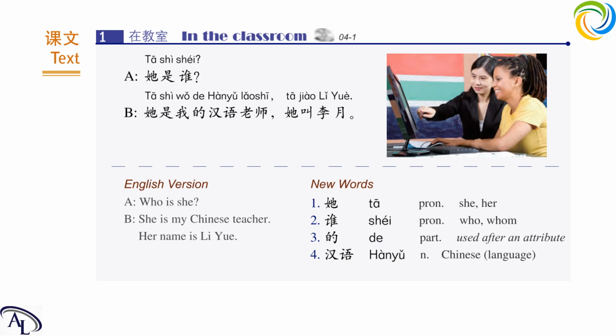And it is answered, 他是我的汉语老师. So here first, the subject is 他, she, and the verb is 是, means to be, and 我的汉语老师 is the object. 我的 means my, 我 means me and I, and 我的, we just learned, means something or someone belongs to something or someone.